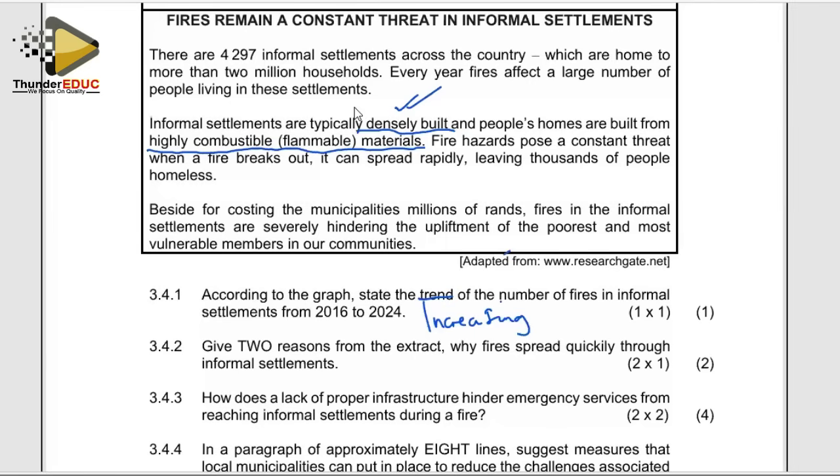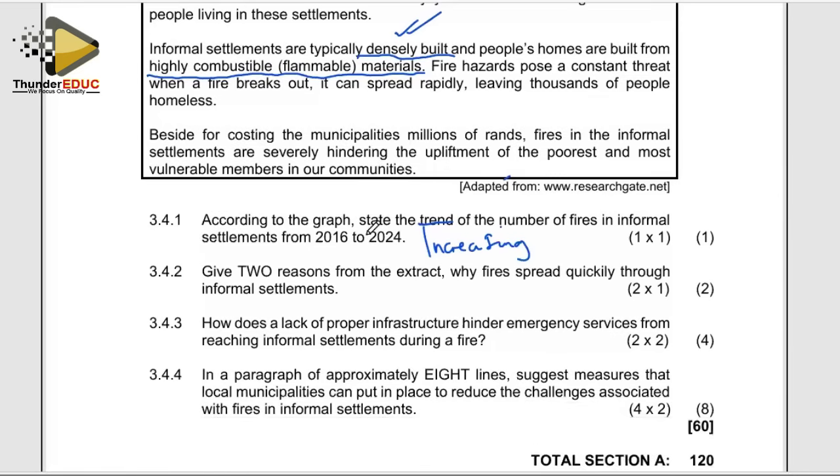And number two, the material that was used to construct those structures, or that is still being used to construct those structures, is highly flammable or combustible. Mainly it's wood and plastic material. Plastic is highly combustible. It catches fire easily. So for that reason, the fires become uncontrollable.